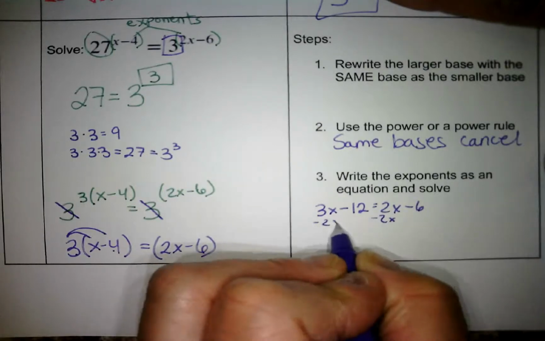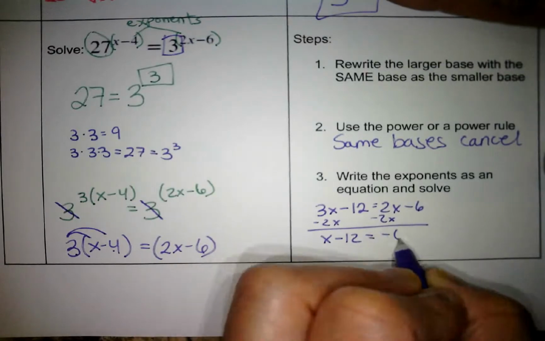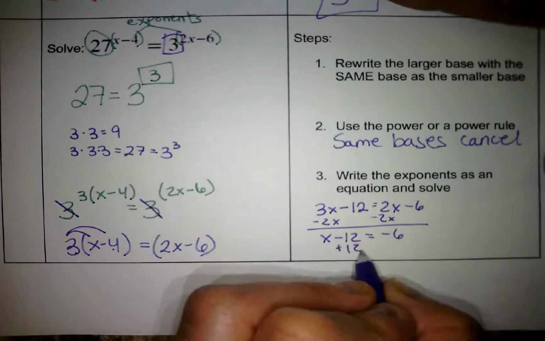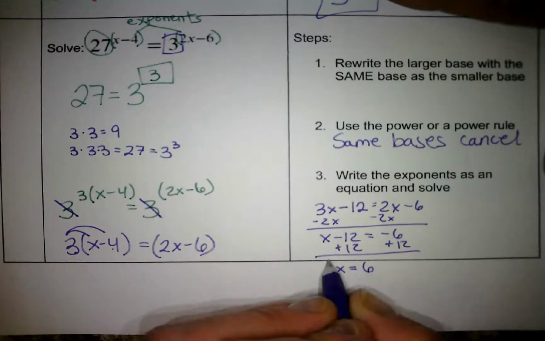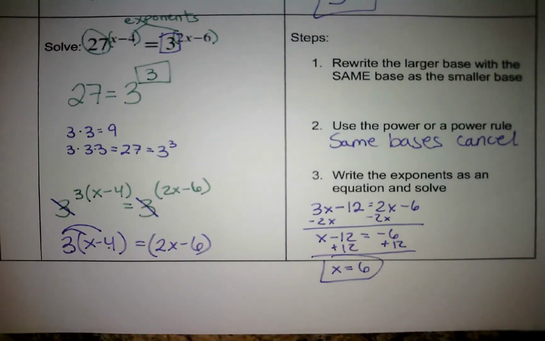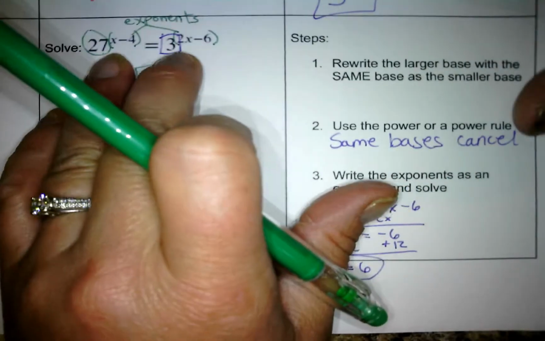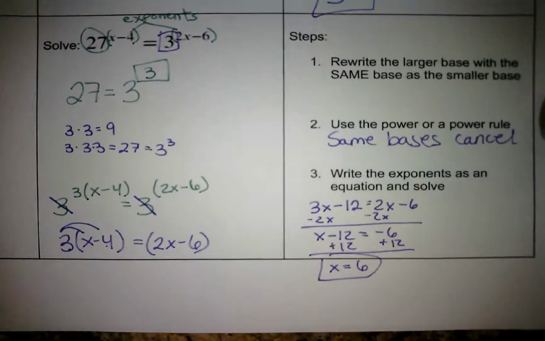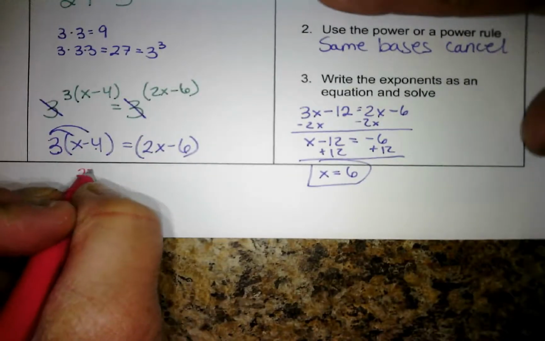Add 12 to both sides, and we get x equals 6. Well, let's go ahead and check this. So x equals 6, we're going to plug it back into this. You don't have to, but I want to show you guys that it does actually work. So 27 to the x, which is 6 minus 4 power, equals 3 to the 2 times 6 minus 6.